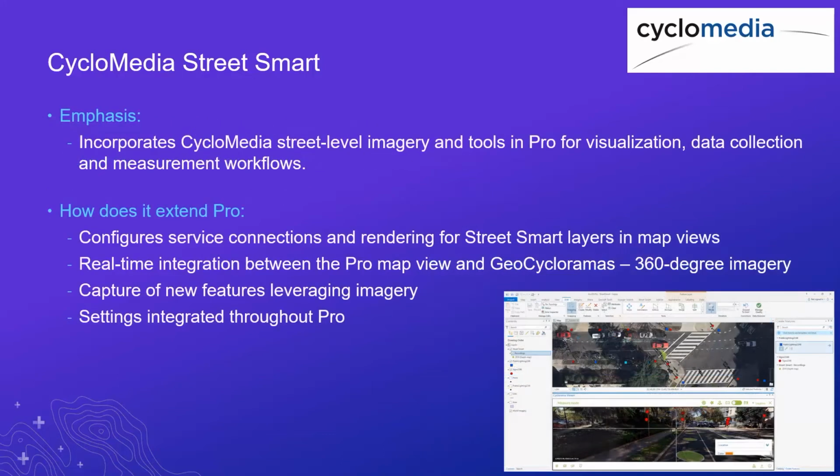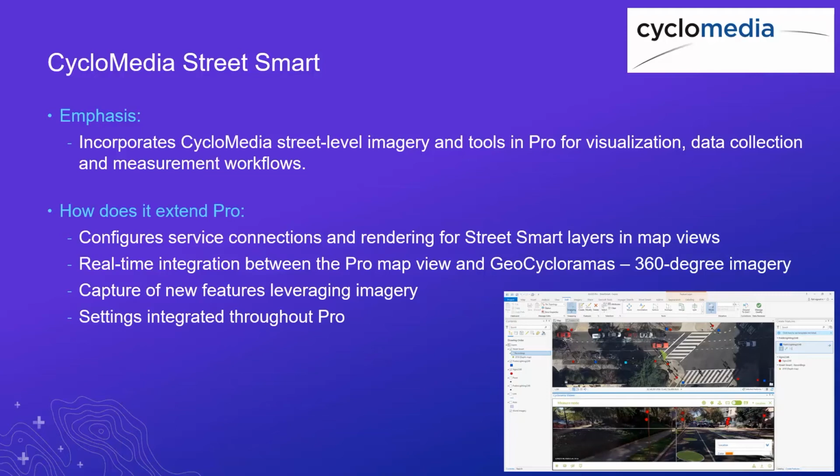The emphasis here is to use these capabilities in this extension to ArcGIS Pro to provide for visualization of their Geocyclorama imagery, and provide data collection and measurement workflows inside of Pro. So they've configured different service connections and renderings for their StreetSmart layers inside of the map views. You're going to see how they use real-time integration between the Pro map view and the Geocyclorama imagery views, which are provided inside of a dock pane.